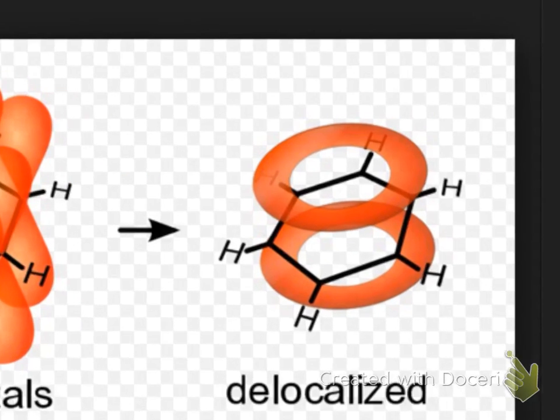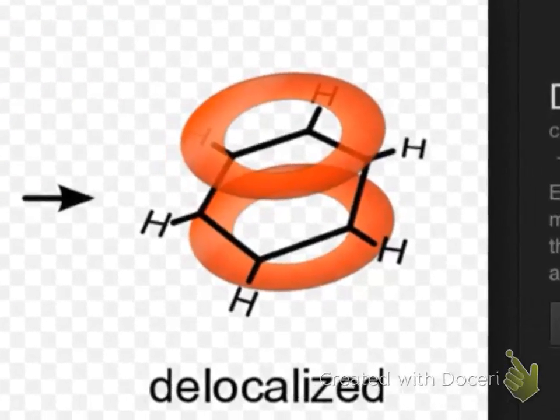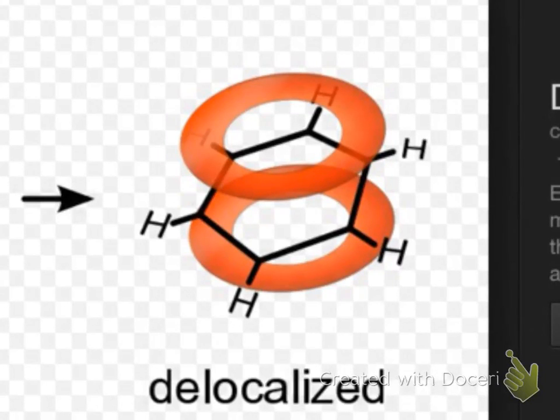Well, if we look at particular reactions, and we look at these benzene reactions, we can see we have a donut orbital overlap of p orbitals above and below the ring, which is delocalized.